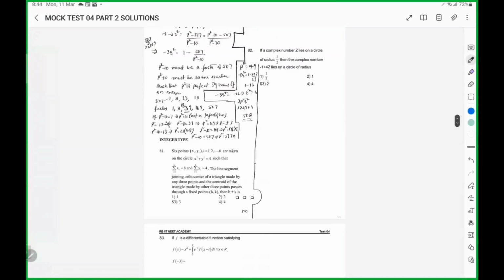Here what he has given is, in this problem, totally 6 points are lying on a circle.